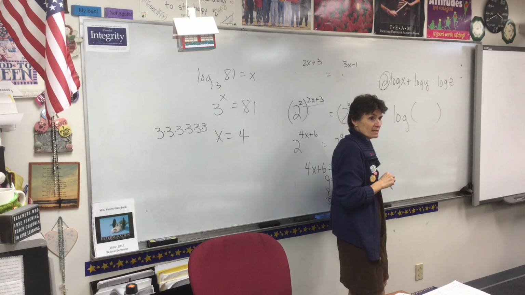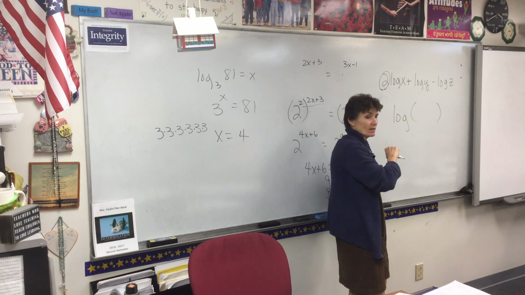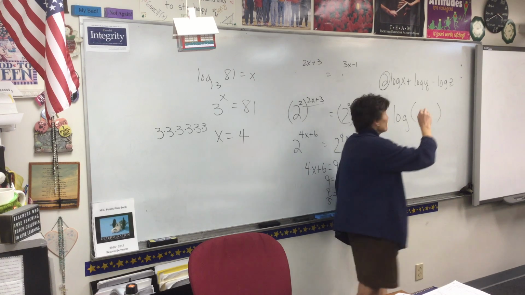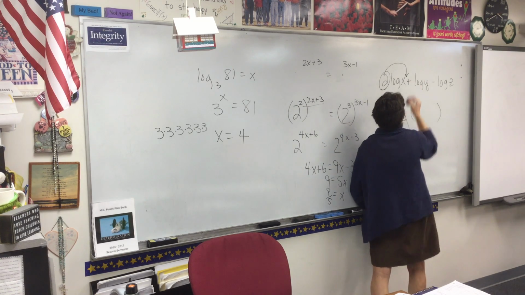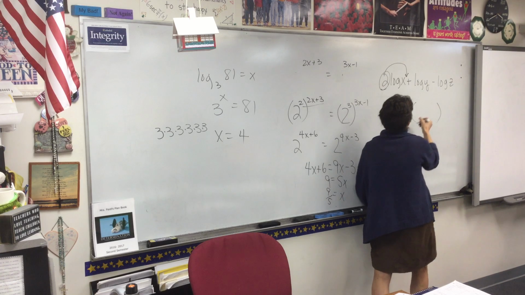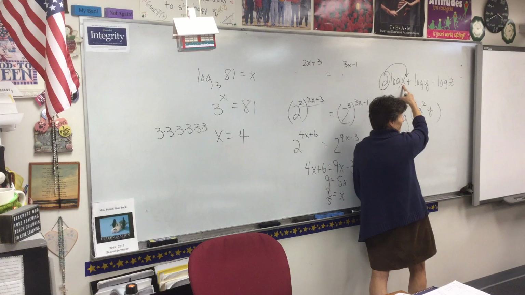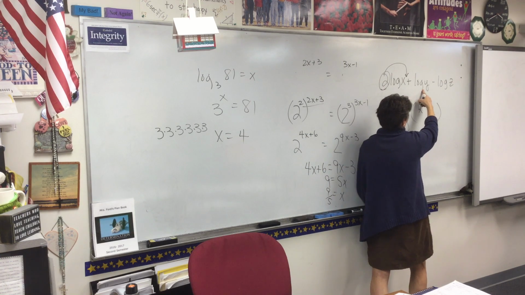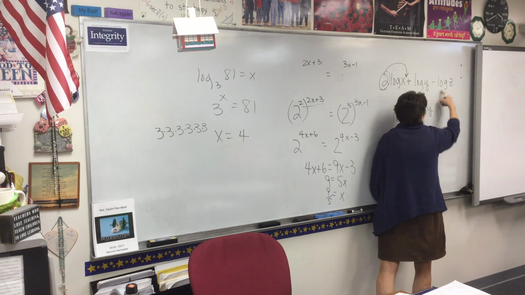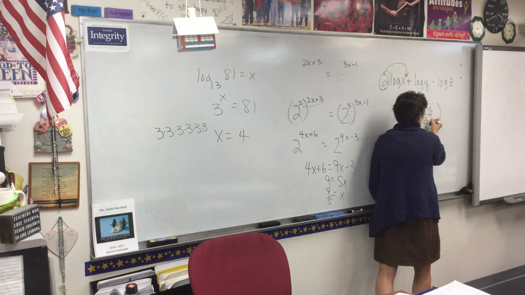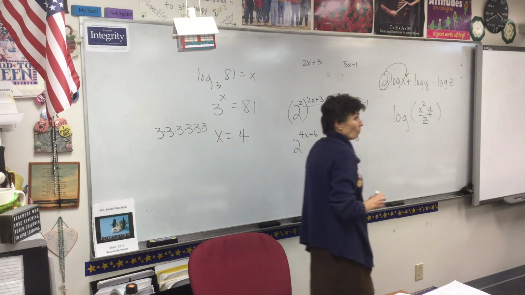What happens to that number out in front? Where does it go? It becomes an exponent. So this is going to be the log of x squared times y, and then what about this? Divided by z.